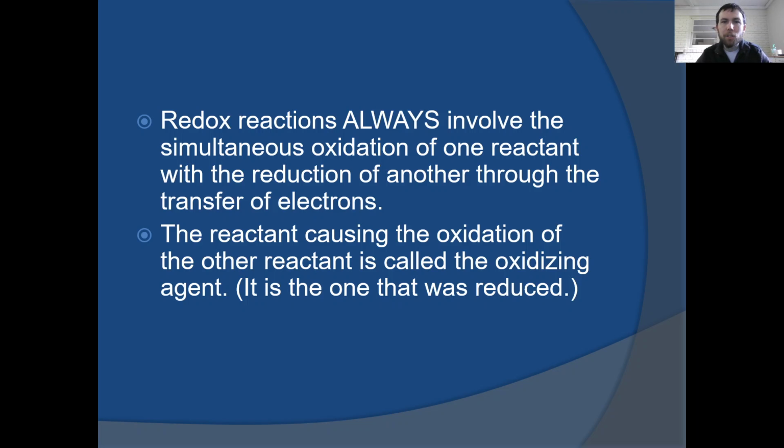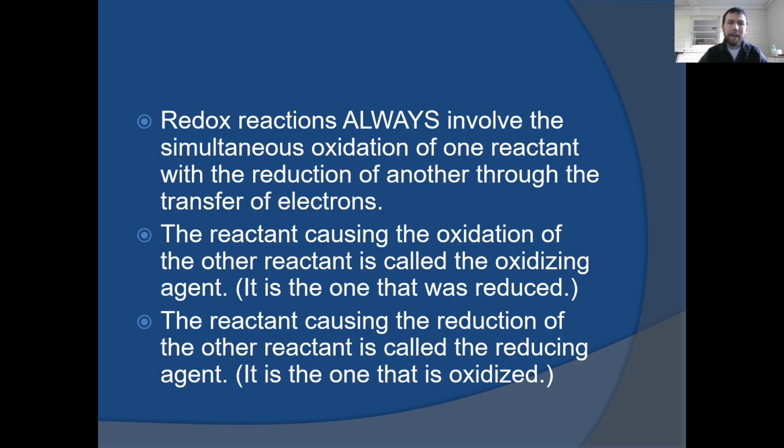So the reactant that is causing an element to lose electrons has to be the substance that was reduced. This is called the oxidizing agent. Of course, oxidizing agents and reducing agents can be ranked. Some substances are much better oxidizing agents, much better at causing other elements to lose electrons than others. We'll look at that later.